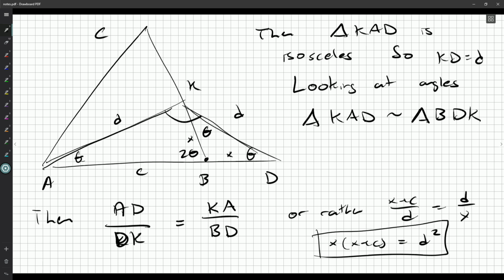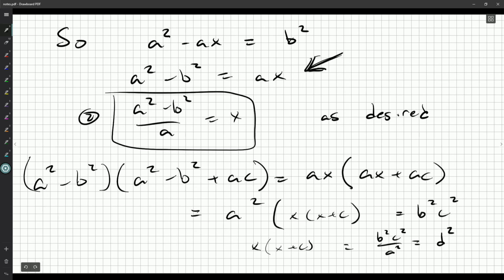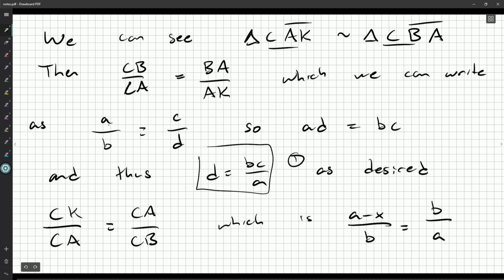So now I can take that, and so from this, multiplying both sides by a squared, we see ax plus ac is a squared d squared. But I did have that nice little non-fractiony fact over here, or you can just reference what I've called 1.